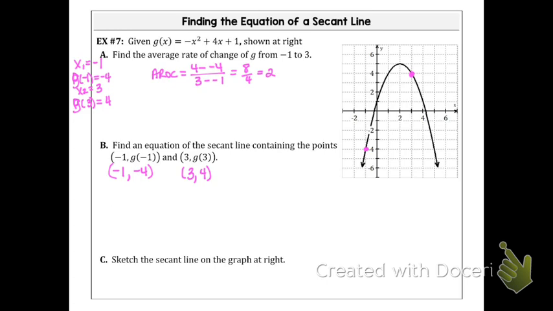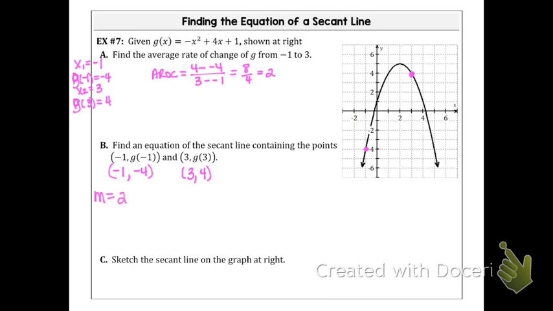I'm going to plug it into y equals mx plus b to solve for b, because we already found the average rate of change, which is the slope of that secant line. So we already know that m equals 2.